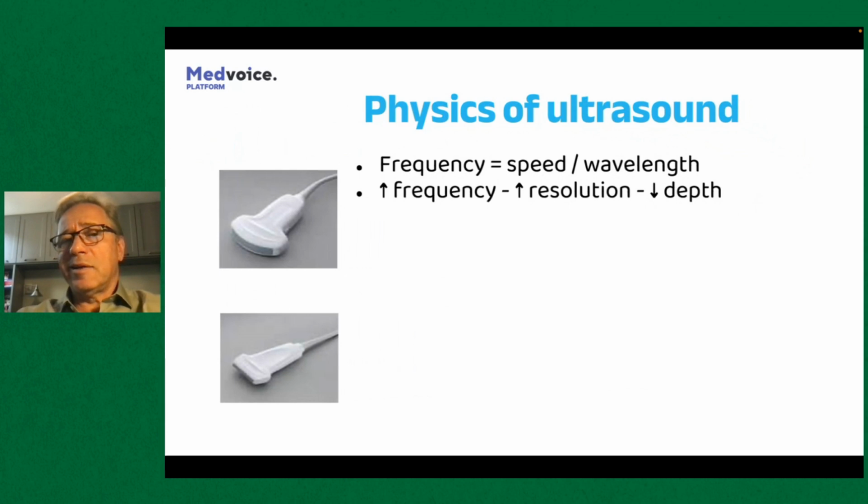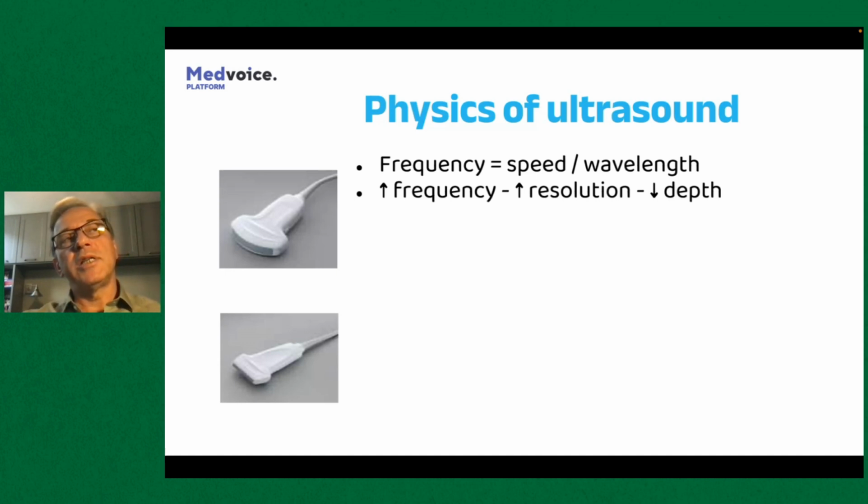Frequency is the speed divided by the wavelength, and the higher the frequency, the higher the resolution, but the lower the depth. So it's a compromise. Different probes can deliver a higher frequency and show you a better picture, but not very deep.